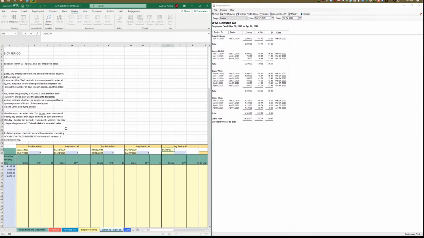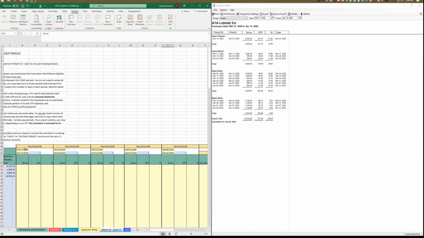And finally, we've got April 8th to April 14th as our pay periods. So we can see here our first pay period falls outside of the wage subsidy period, which is March 15th to April 11th.